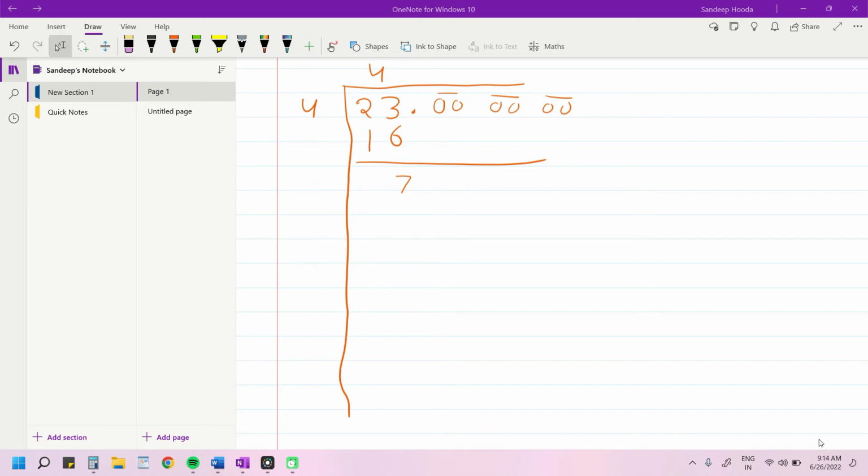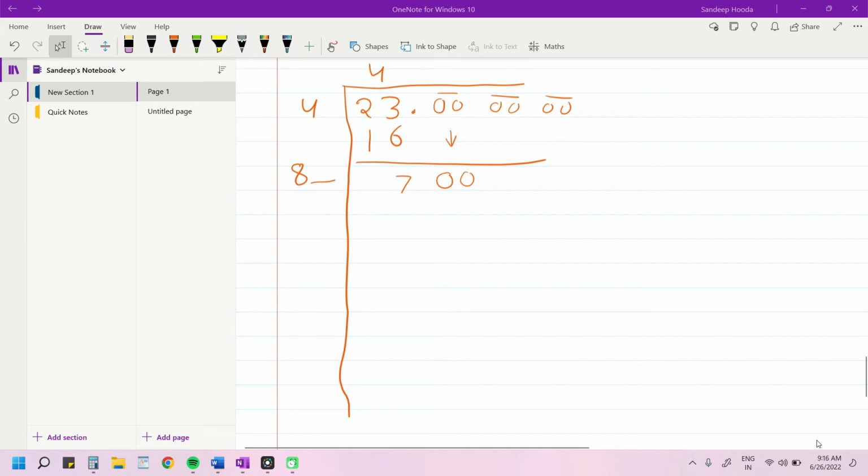Now we will add the most recent quotient to the divisor. Now we will write a dash next to the divisor.